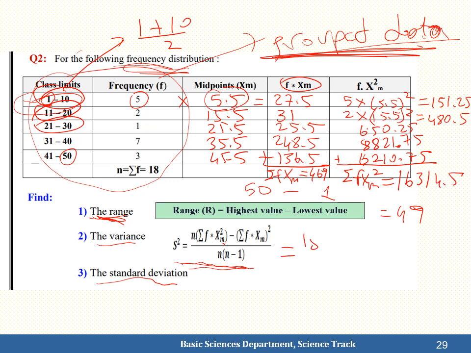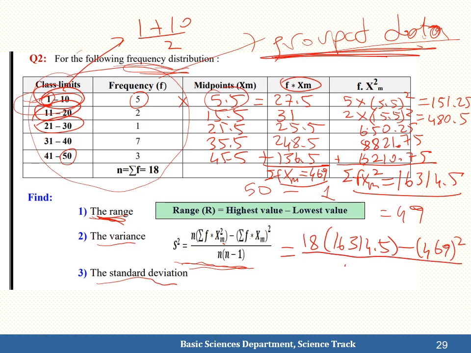This is 18 times this one here, 16,314.5 minus this one, 469 squared divided by 18 times 17, and which is equal to 240.85.